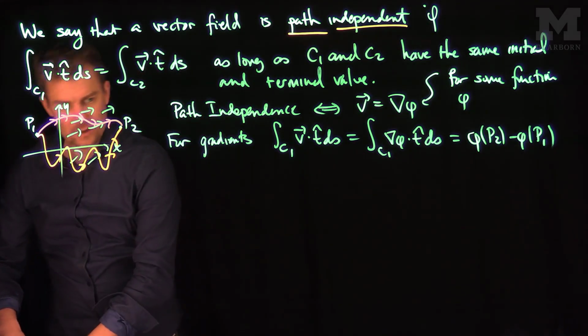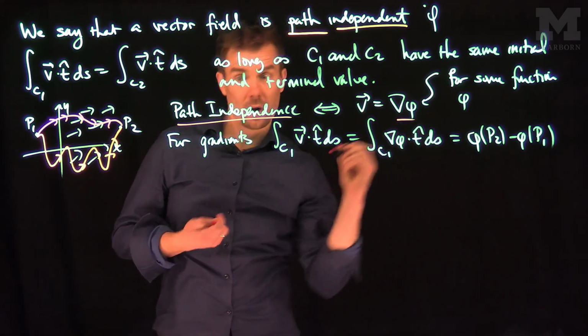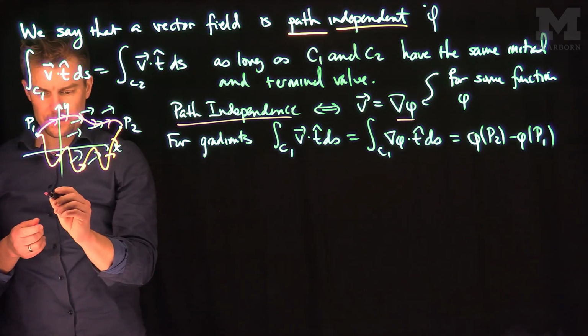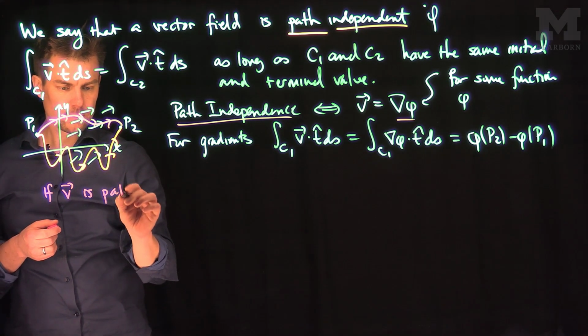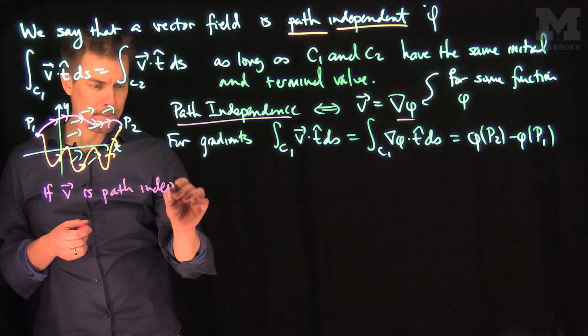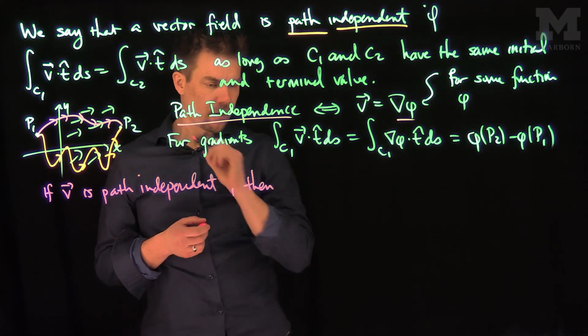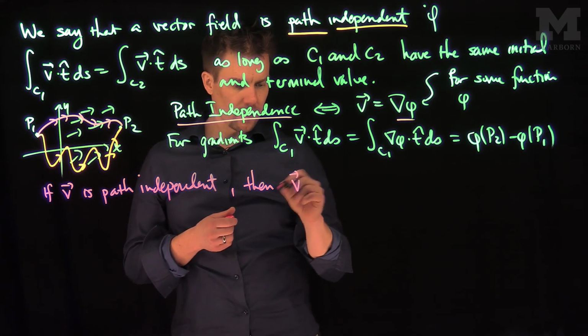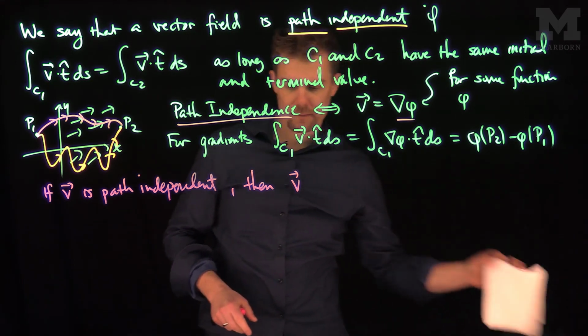Now, the other direction is a little more interesting because if we happen to be path independent, we want to show that you are a gradient. So if V is path independent, then I can define a function phi. So what will phi be?